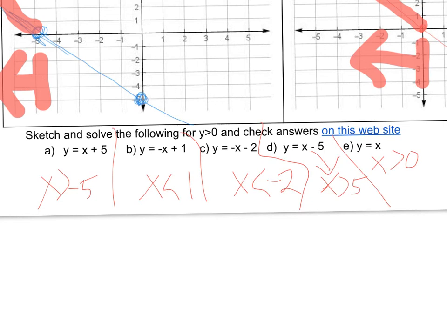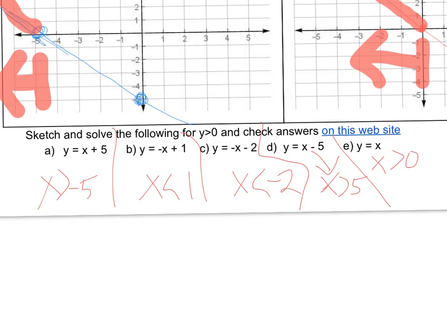So what you could do is pause the video right now or take a screen capture of your screen and graph those properly, please, and write down the inequality.